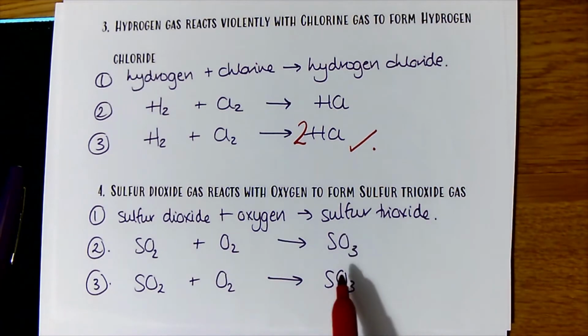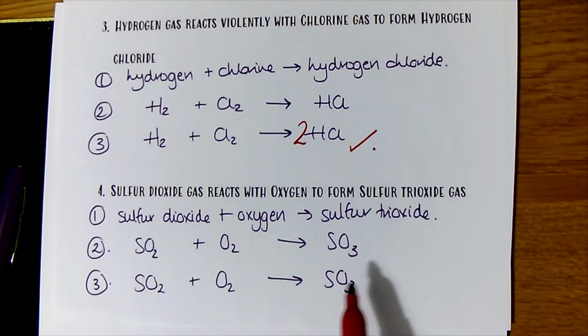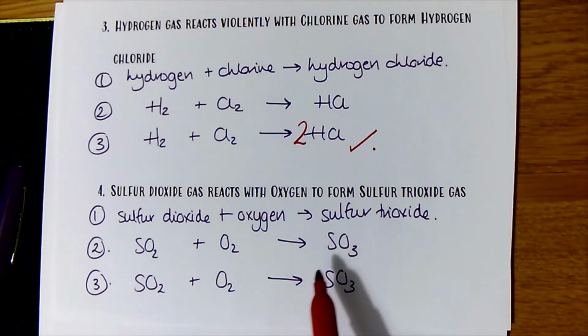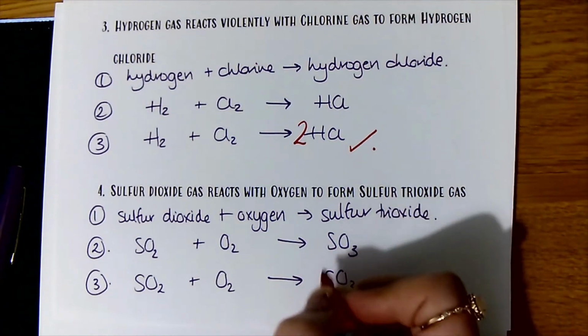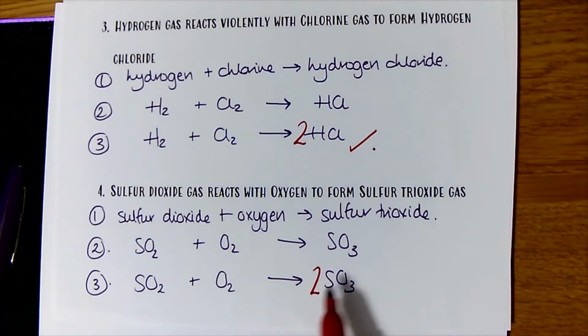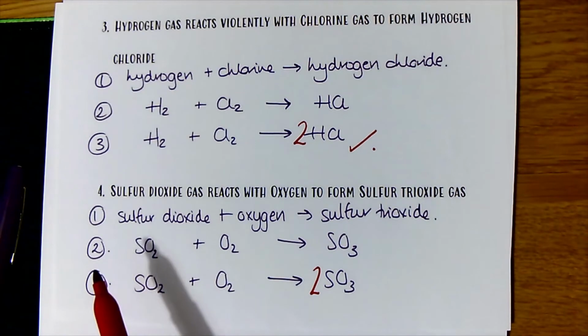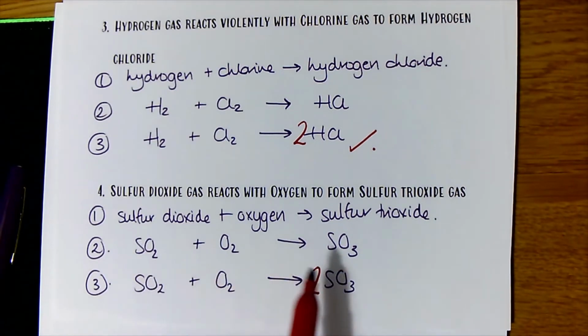Now when you see an odd number, the easiest way to balance an equation is to multiply it by something that is going to make it an even number. So if we put a 2 here, we now have 6 oxygens, even number, and we have 2 sulfurs. Let's go back to the left and count again. 1 sulfur, 2 sulfurs.